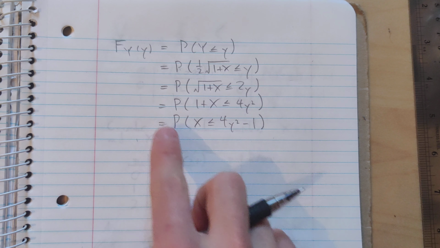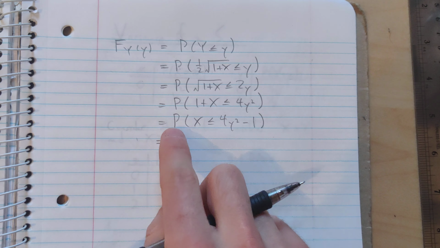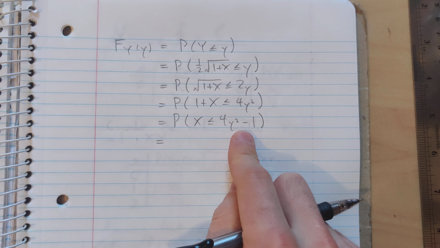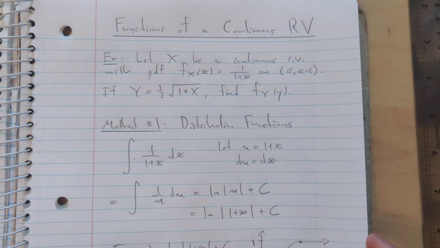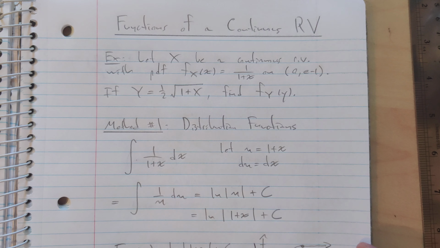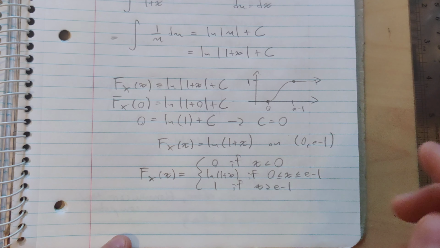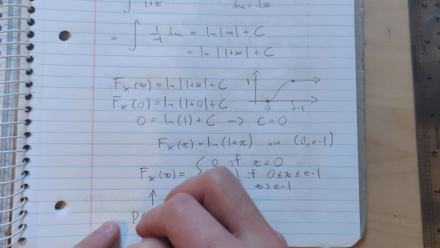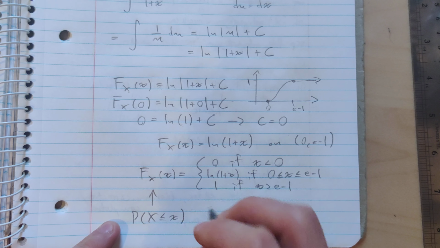Now what does that mean? F_Y of little y is the probability x is less than or equal to this thing. But the probability x is less than or equal to a thing, we know it, because we know the CDF. The CDF is the probability x is less than or equal to a thing, little x.